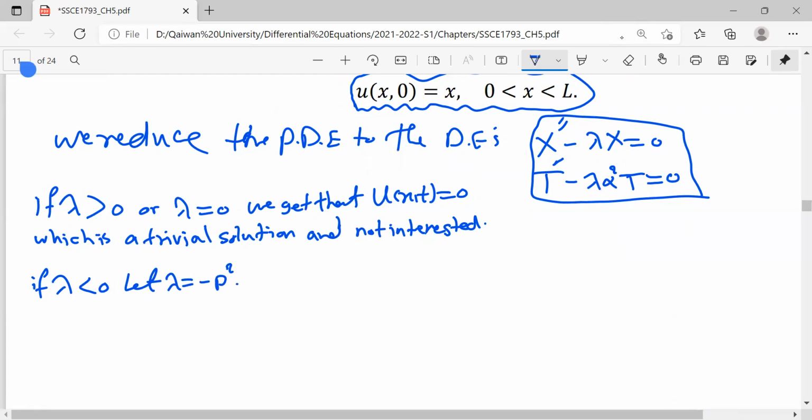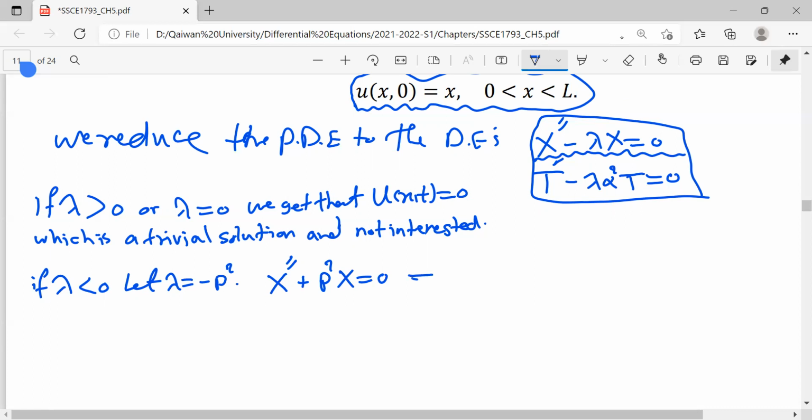If lambda is negative p squared, the differential equation x double prime minus lambda x becomes x double prime plus p squared x equals 0.